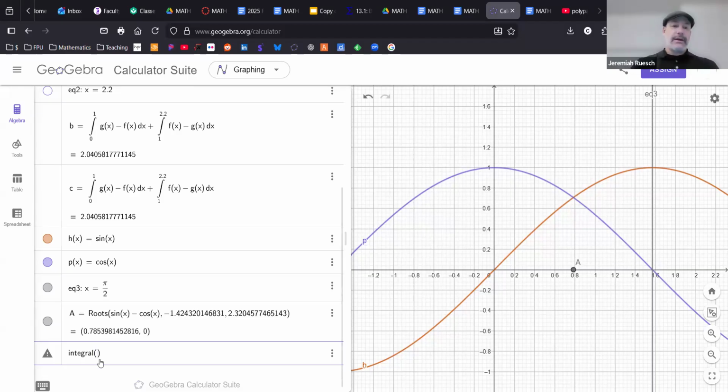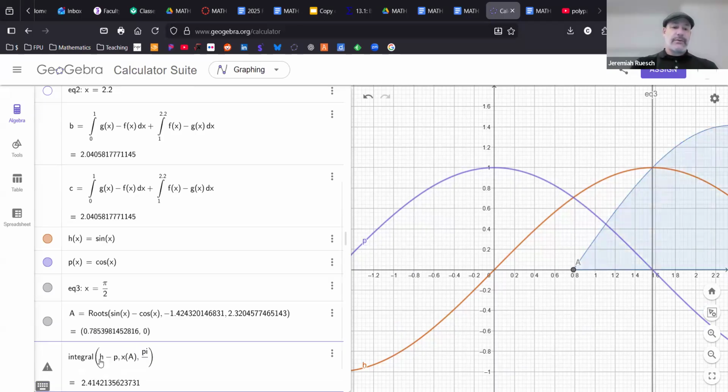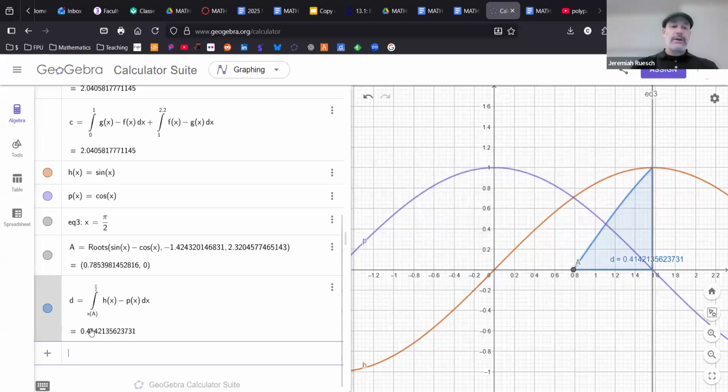So I'm going to take the difference of those two, going from the x coordinate of the intersection to pi over 2. I'll just use pi over 2. Okay, so there is the region of interest, and the bounded area comes out to be 0.4142 and so on.